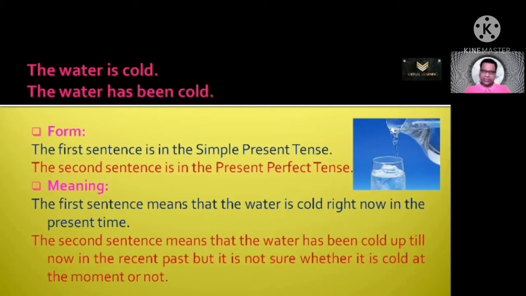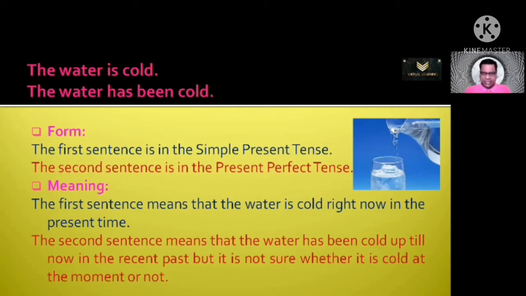Now you look at the meanings over here. Since there is a slight change in the form of the sentences, of course, that will considerably affect the meaning of the sentences.